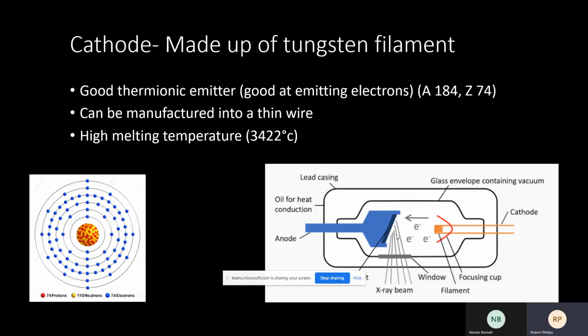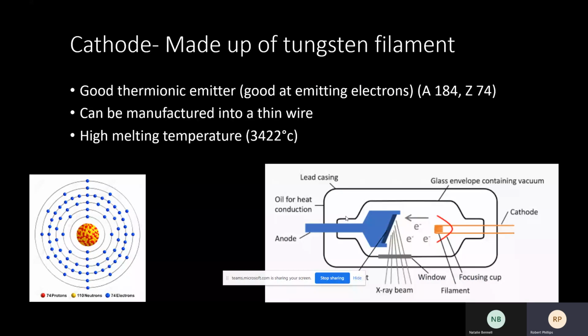And there are three main reasons why cathode is always tungsten filament. The first one is it's a good thermionic emitter. That means when it is heated, it emits electrons. This process is called thermionic emission or Edison effect. So tungsten is a good thermionic emitter.